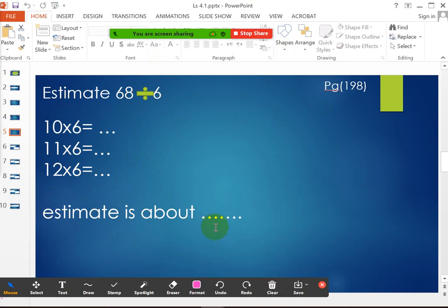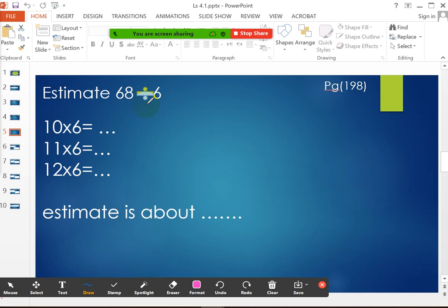So girls, I told you last lesson that to find the answer for a division operation, this is division. Here I want to estimate the quotient. When I say estimate, that means this is not the exact quotient. The quotient will be around this number, about this number, okay?